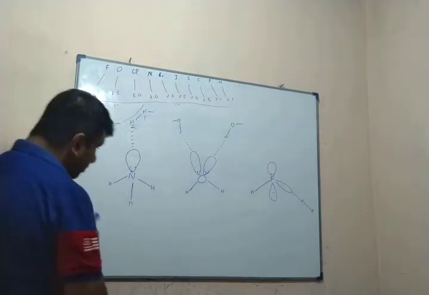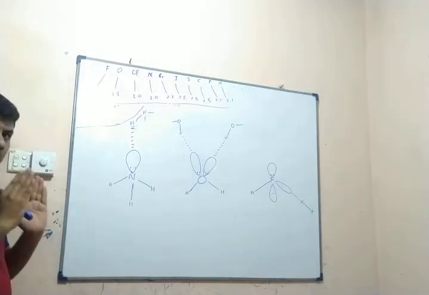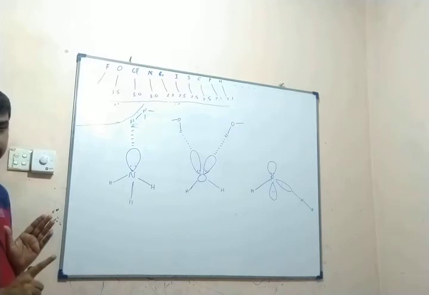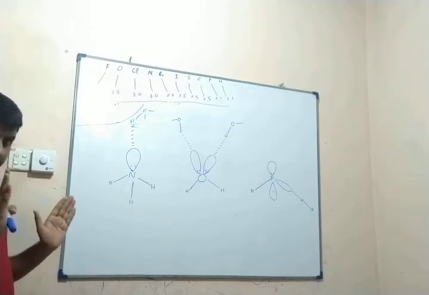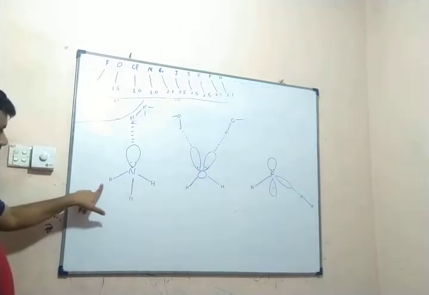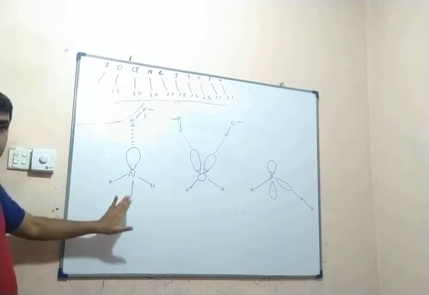Okay, and another important thing, this type of regular or orderly arranged hydrogen bond can be seen only in the solid state, not in the liquid state or gaseous state. Tetrahedral, only in solid ammonia.